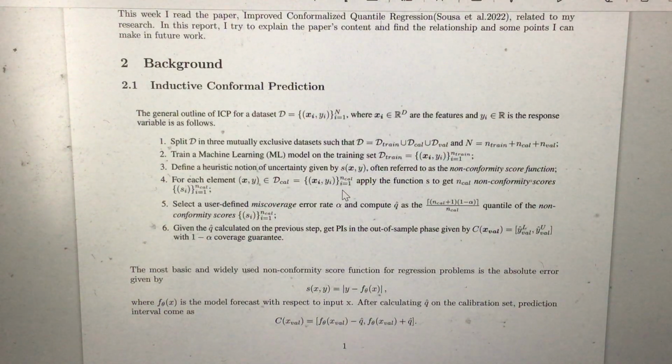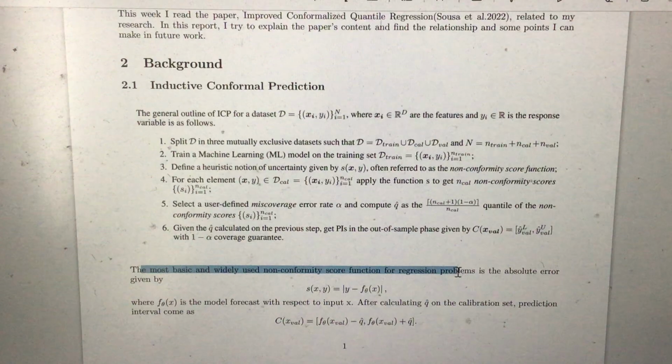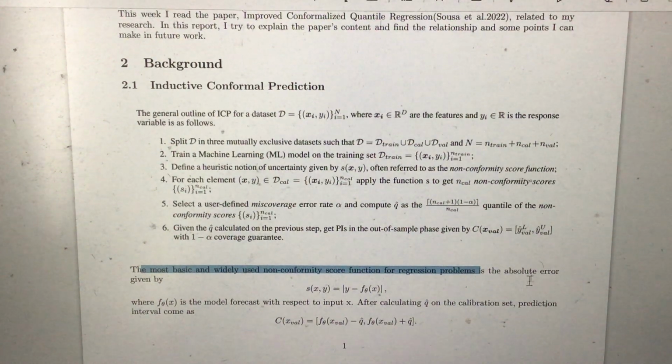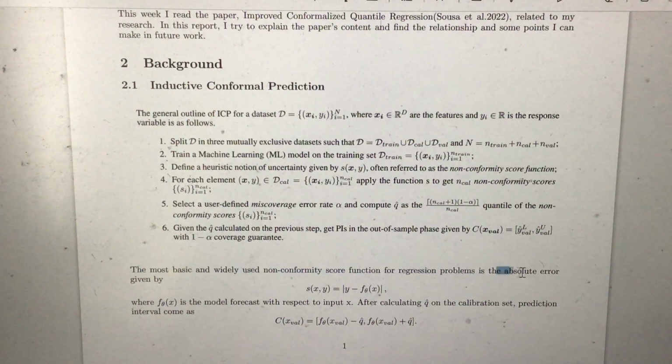The second step is to train a machine learning model on the training set. Next, we need a notion of uncertainty, referred to as the non-conformity score function. The most basic and widely used non-conformity score function for regression problems is the absolute error, given by the absolute value of y minus f of x.